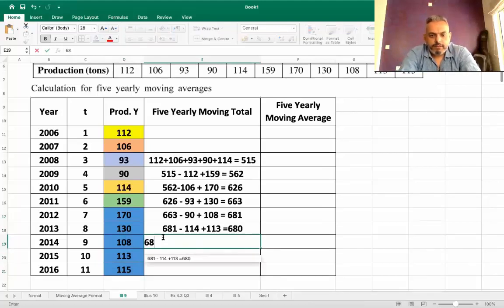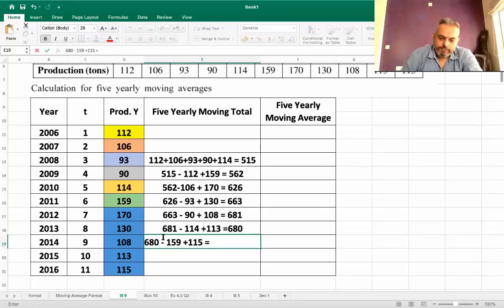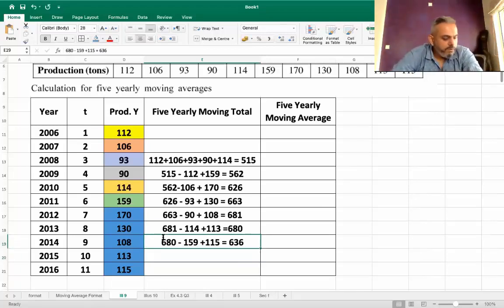$680 minus 159 plus 115, 636. So now we have all these numbers, the 5-year moving.